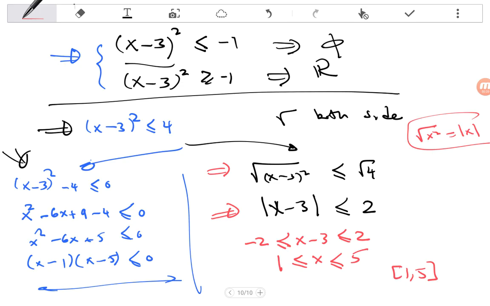So this method is applicable if we have a positive value on one side and the other side is a bracket all squared. We can use this method which applies the absolute value function.